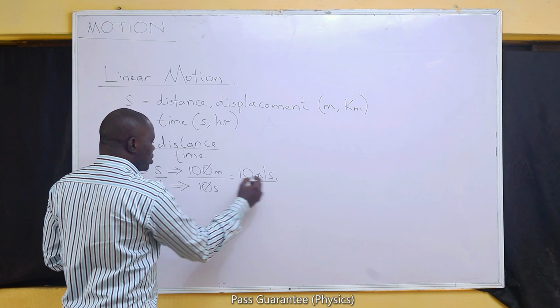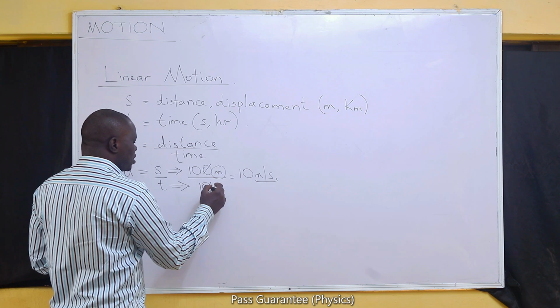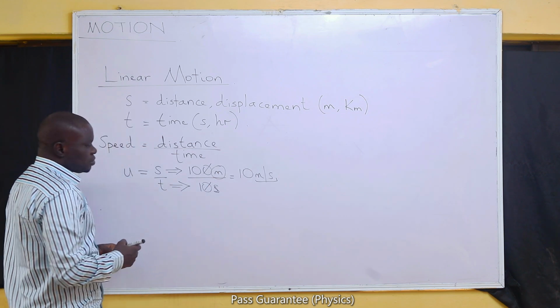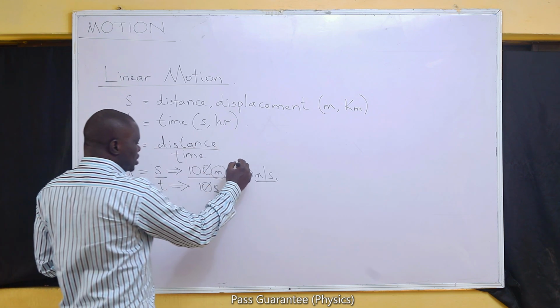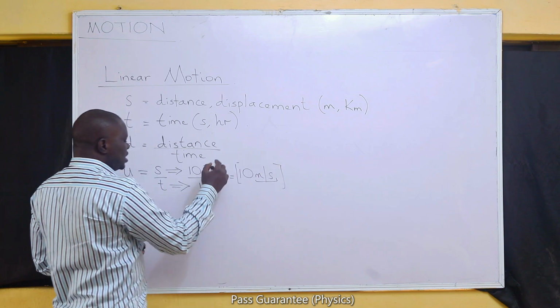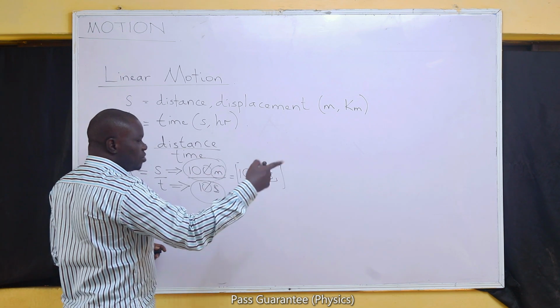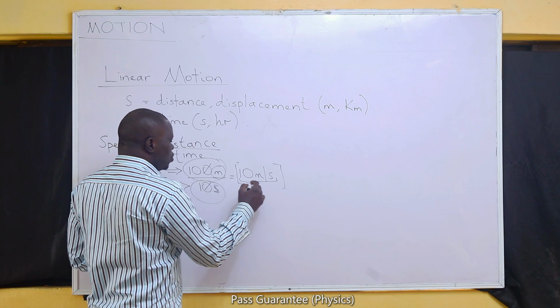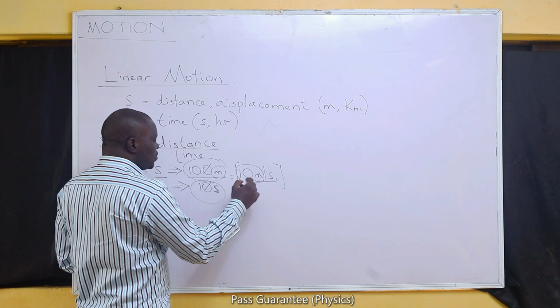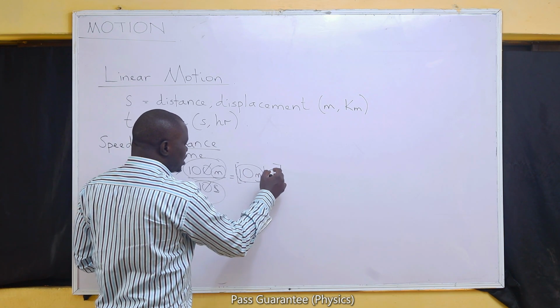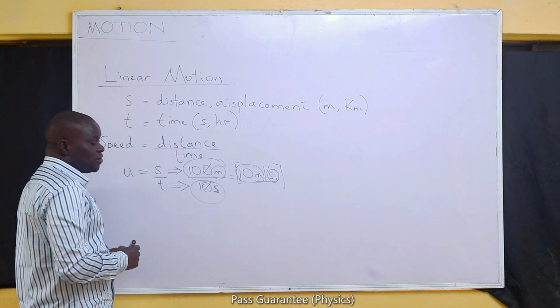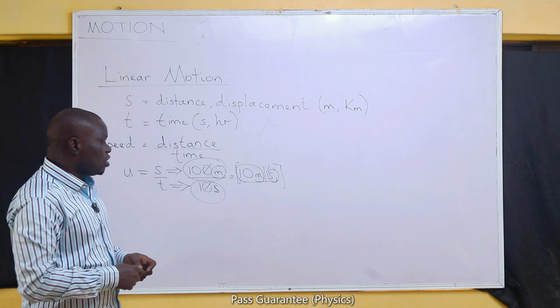Meters per second simply means meters divided by seconds, and that is our speed. So what this is telling us is for you to have covered a distance of 100 meters in 10 seconds, you must have been moving such that you will always have to cover a distance of 10 meters every second. In every 1 second, you must be covering 10 meters.